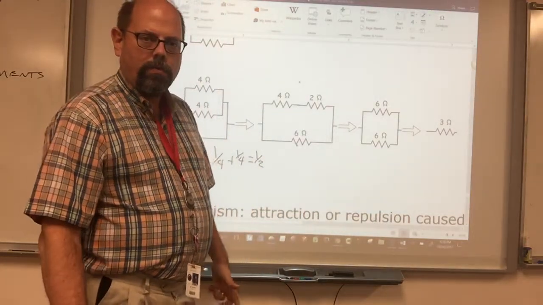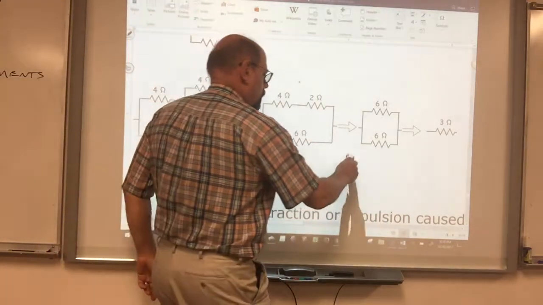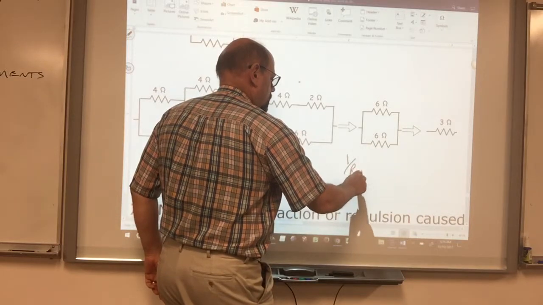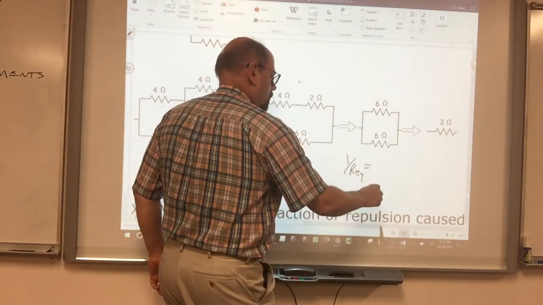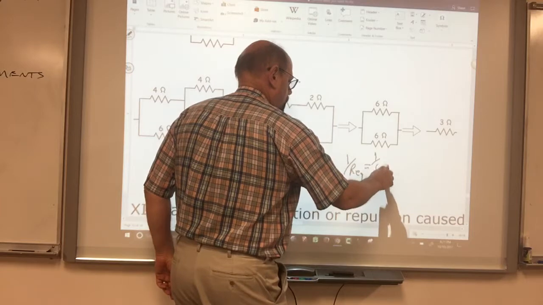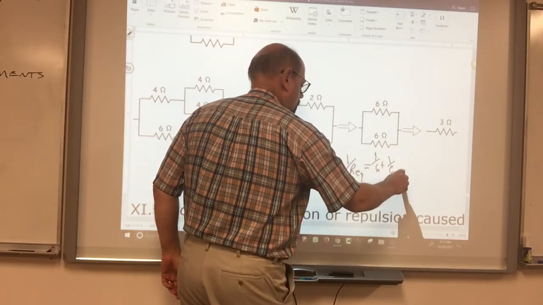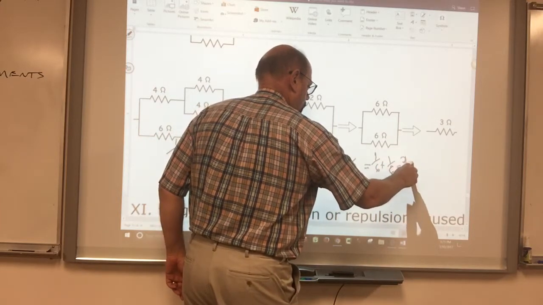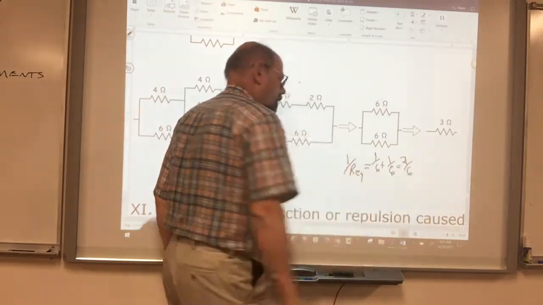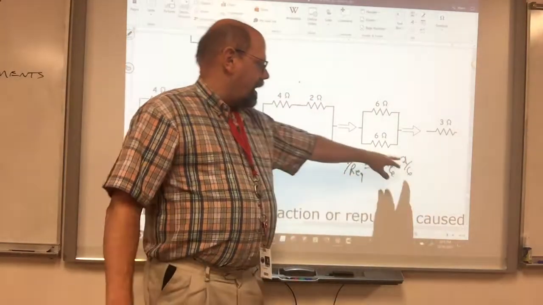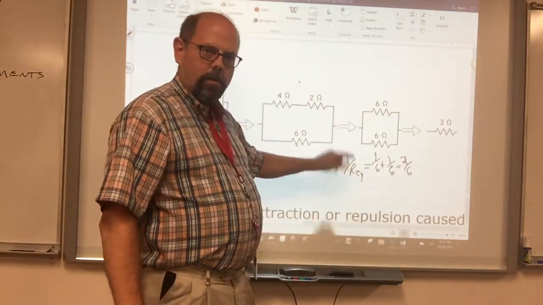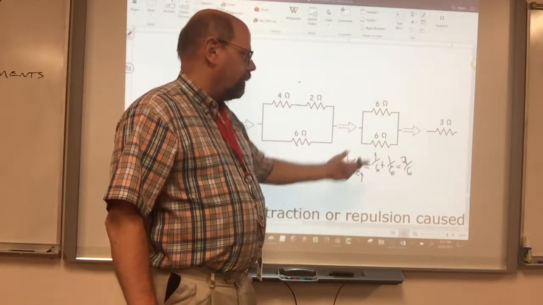So what's the equivalent resistor for the 2 of those? Well, 1 over the equivalent is equal to 1/6 plus 1/6. That's 2/6 or 1/3, right? So 1 over that is the equivalent, 6/2 or 3.